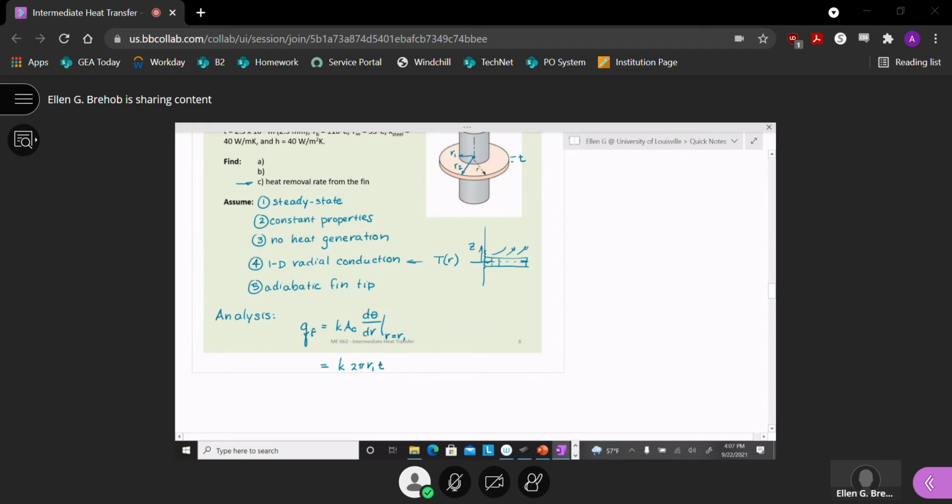Okay, if I look at cross-sectional area, so 2 pi r1 gives me the circumference, and then my thickness gives me the area. And then we need a few more terms in here.